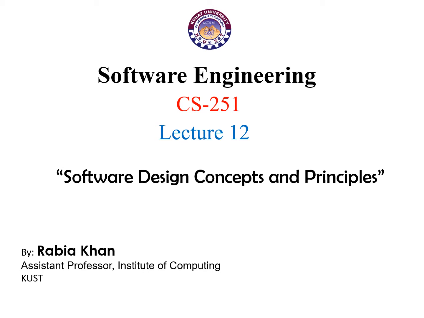We start a new chapter in software engineering. After software requirements analysis, the next step in software development is software design concepts and principles. In the previous chapter, we collected user requirements and discussed different techniques for collecting and evaluating them.